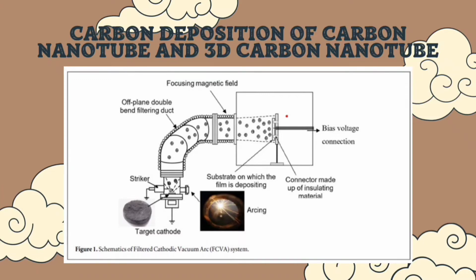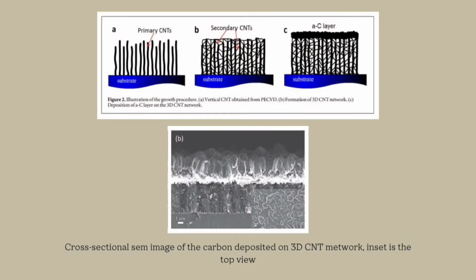To accelerate carbon ions and to confine the coating around and on top of the 3D CNT and CNT arrays, a negative pulse bias was used. As shown in these two figures, C ions were deposited on the tips of CNTs and secondary CNTs and form a layer of amorphous carbon, AC, on top of the 3D CNT network.